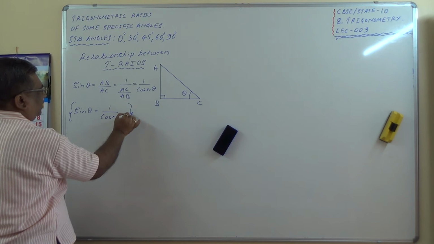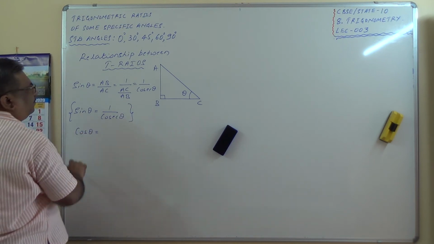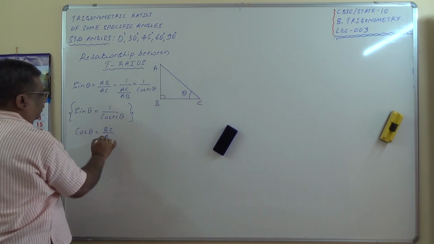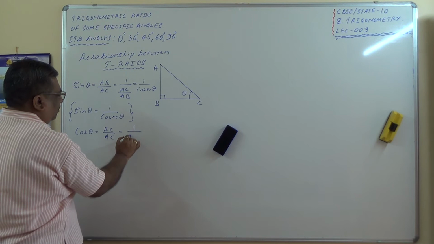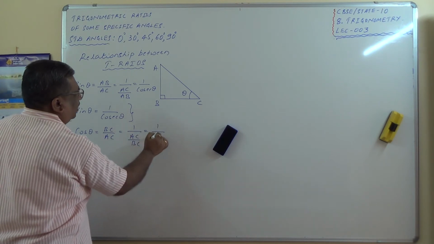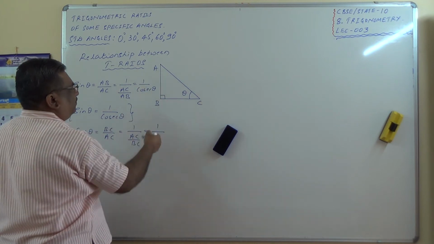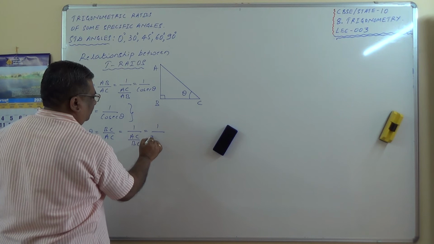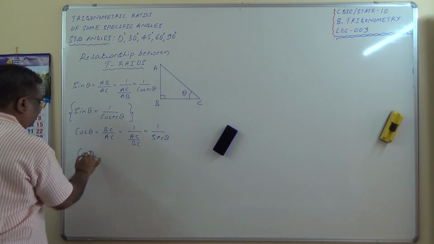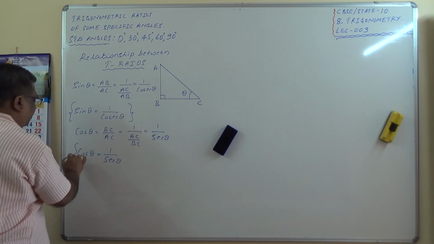This is the first relation. Next, cos theta equals BC by AC, which equals 1 over AC by BC. AC by BC is secant theta, and therefore cos theta equals 1 over secant theta.